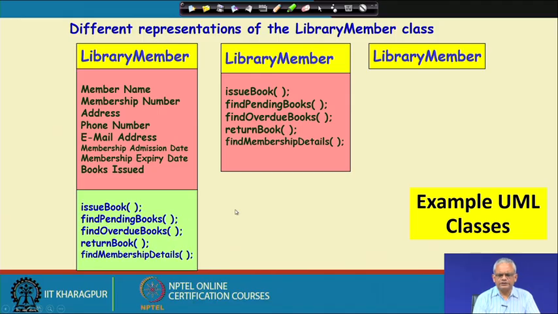To answer this question, when we start the object oriented design process, as we will be seeing soon, initially we identify only the class names, that is, which are the classes. So, in the initial stage of the design process, we represent the classes using this representation.